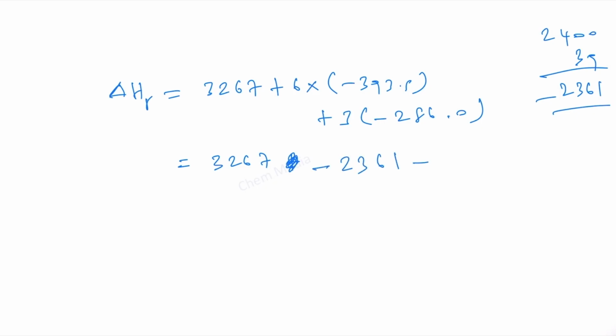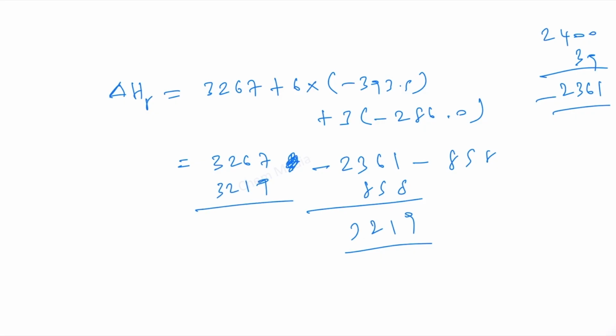And then minus 286 times 3, that will be 858. So if we are adding 858 here, then it will be 9, 6 plus 5, 11, remaining 1, 8 plus 3, 11 plus 1, 12, remaining 1. So 3219. So 3219 we need to subtract here. 17 minus 9, 8, 5 minus 1, 4.